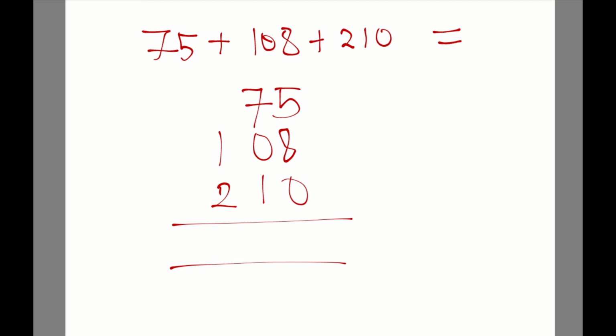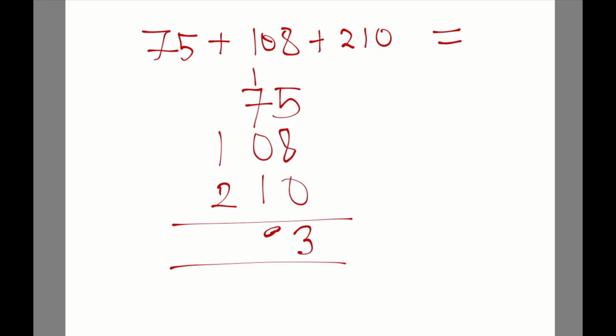We add 5 plus 8 gives us 13. So 3 remainder 1. Seven plus 1 gives us 8, plus 1 gives us 9.